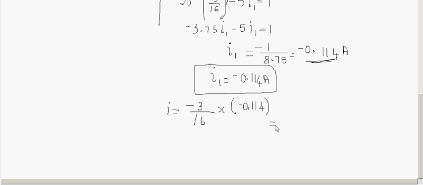Do the calculation, and you will get 0.021 amperes. So I is 0.021 amps.